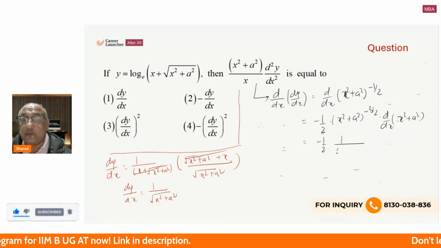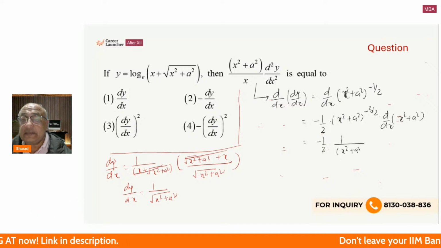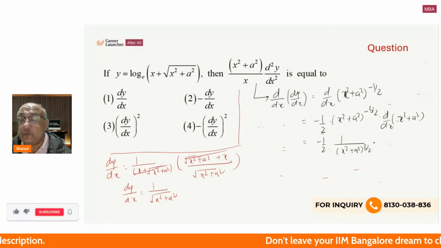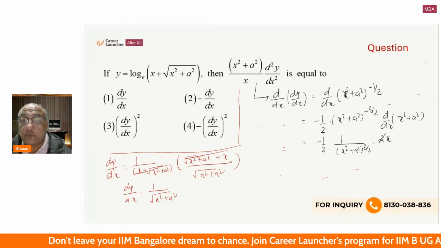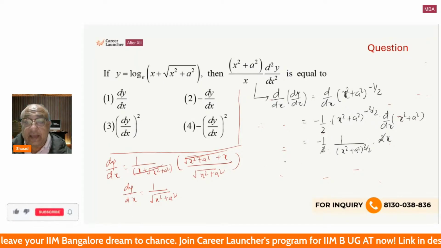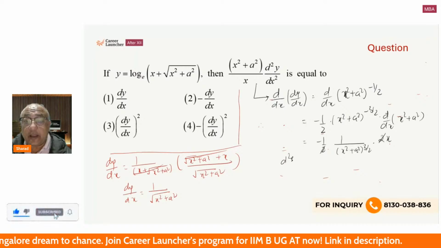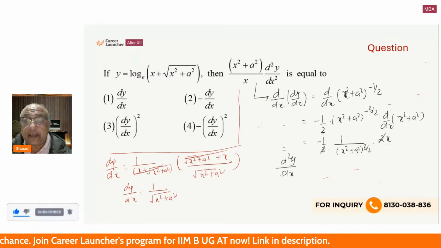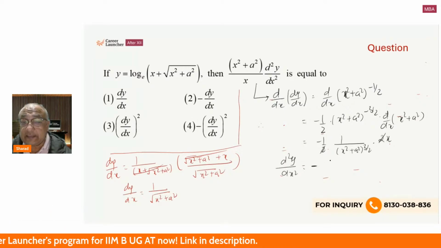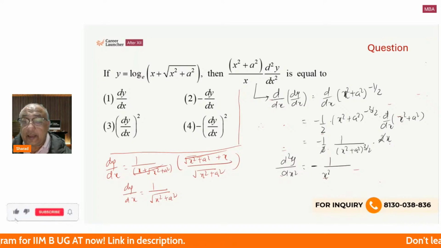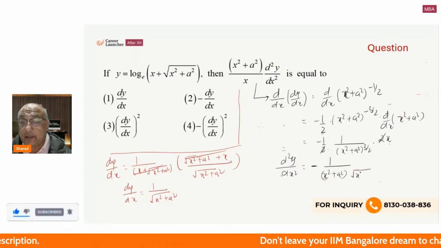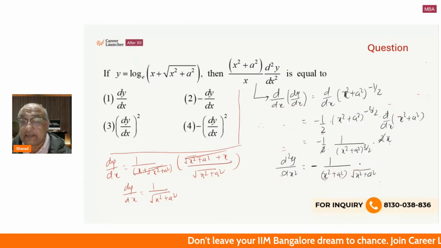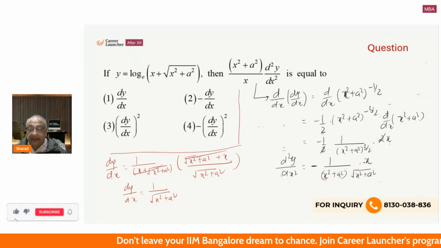Let me write it over here. x square plus y square raised to power 3 by 2. And this is 2x, this 2 and 2 will get cancelled. I will have here d square y upon dx square is minus 1 upon x square plus y square into under root x square plus y square into x. Now my funda is clear.